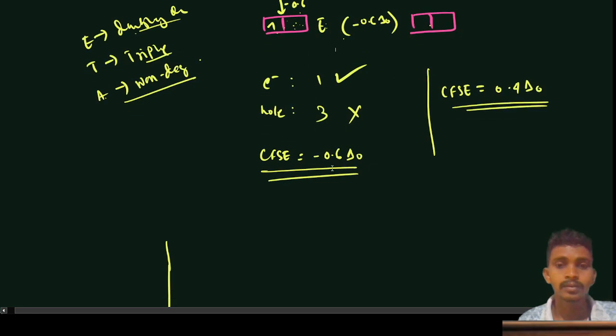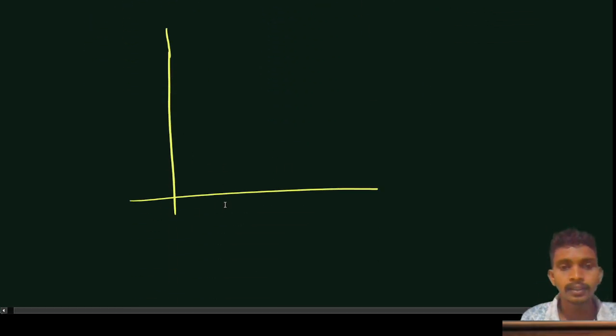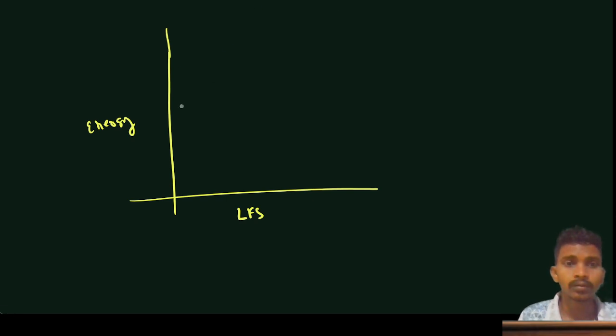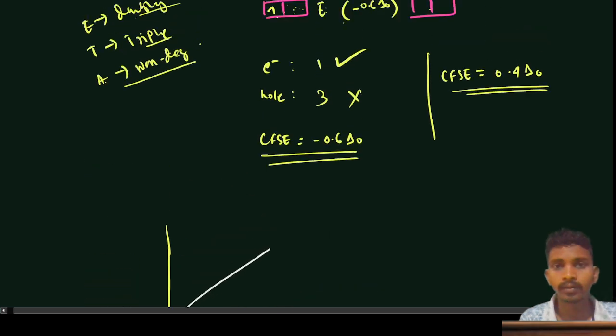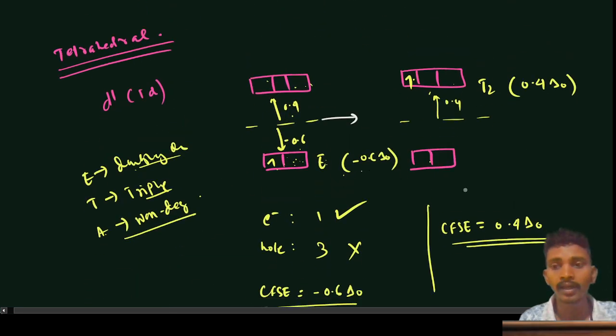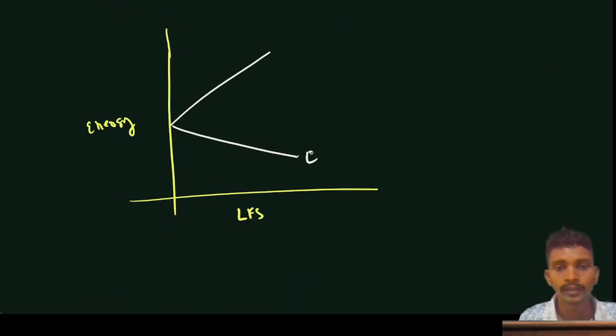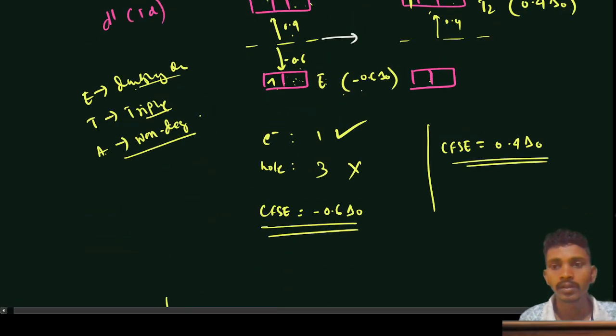That is the only difference between tetrahedral and octahedral. Okay, so this is the ligand field strength, and this is the energy. Now, which value is less? From the CFSE we can say that this is minus 0.6, and this is for E, so we write E, and its value is minus 0.6 delta naught, and this is T2, and its value is 0.4.